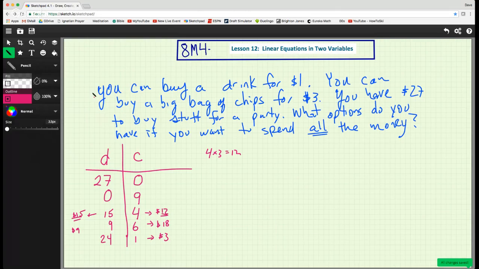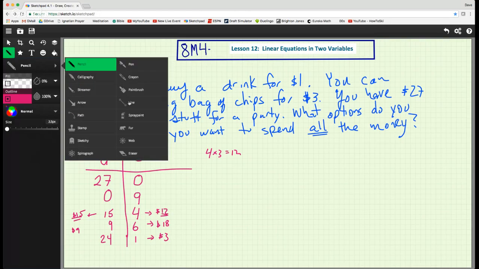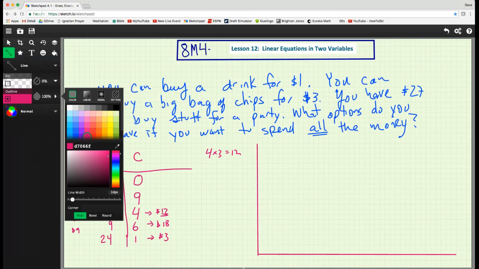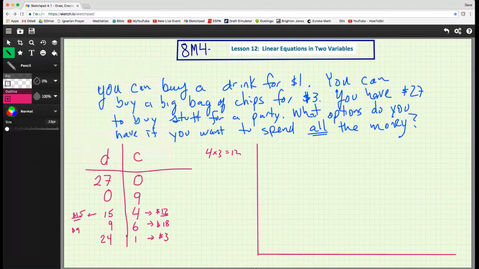So let's now graph this, and let's make sure that this is indeed a linear equation. And chips, we're going to put chips on the y-axis. Here, let's see if we can fit 27 of them here. Okay, so we're going to do this in blue. See, this is 0, and we're going to call this 0.